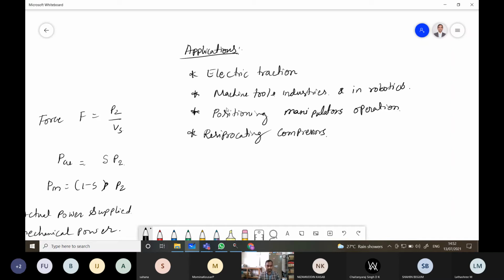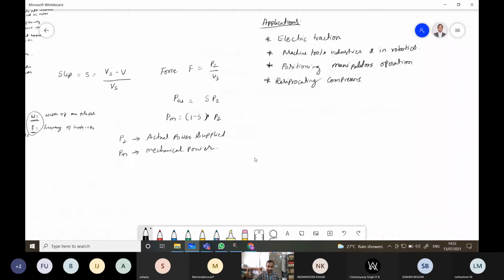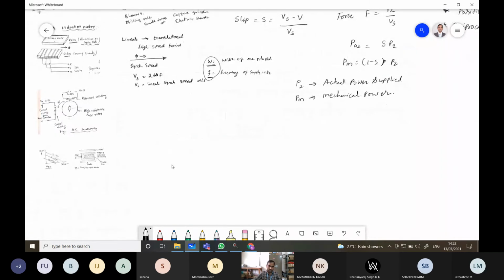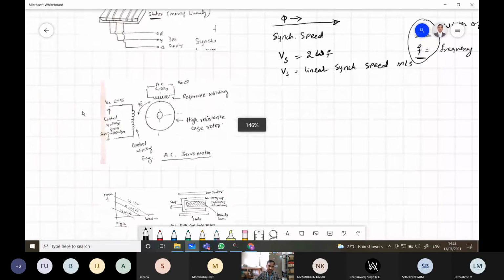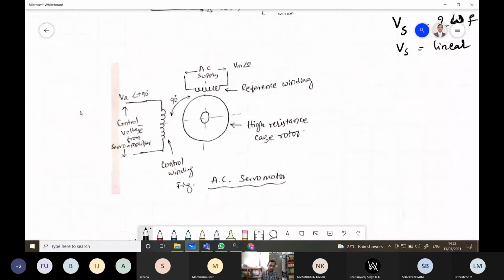So next topic is AC servo motor, that is used in servo mechanism.